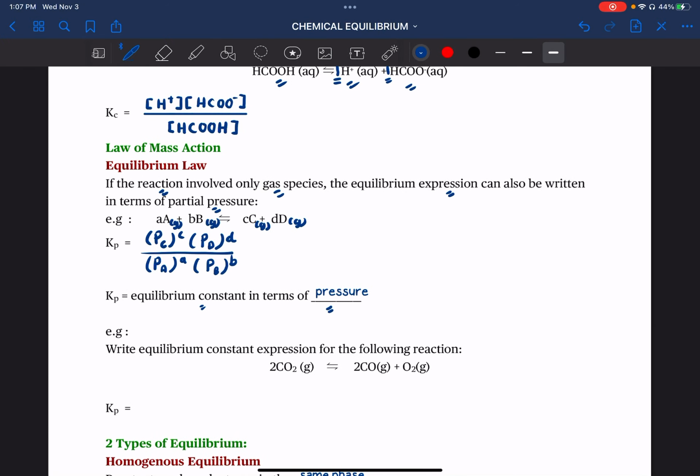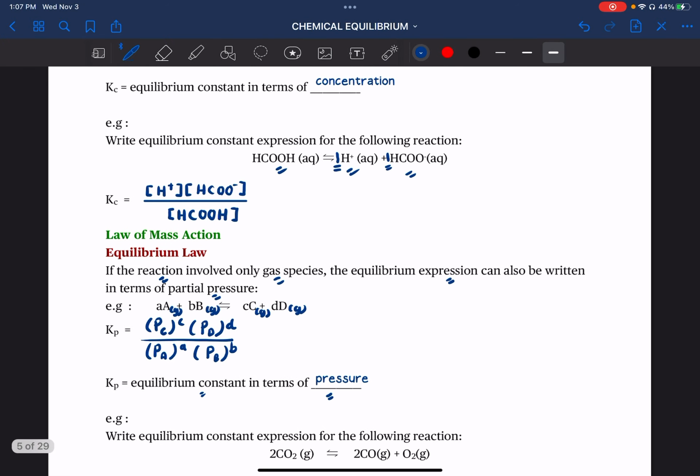So maksudnya kita boleh tulis in terms of Kc ataupun in terms of Kp. So bergantung pada situation lah. So kalau dia ada phase gas, so you boleh tulis in terms of Kp.